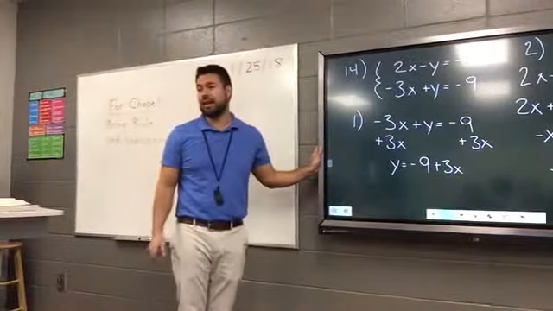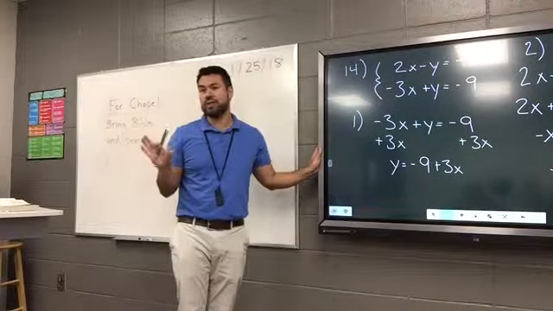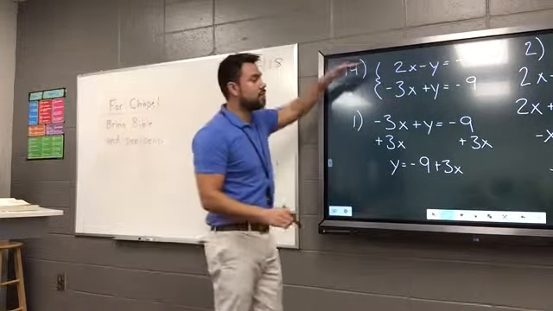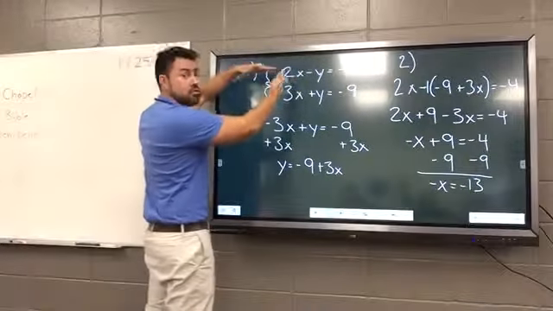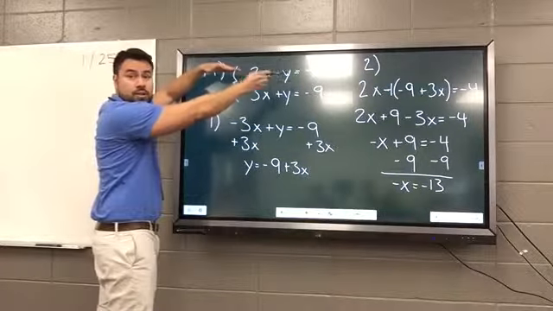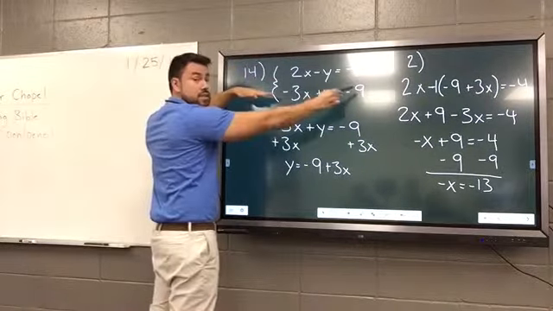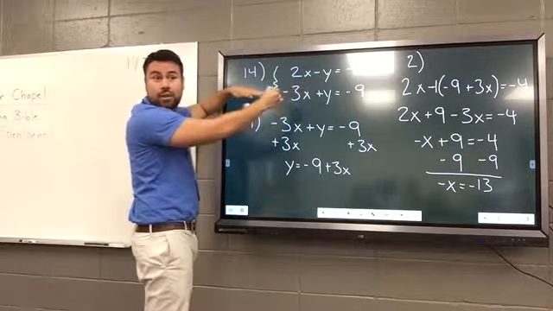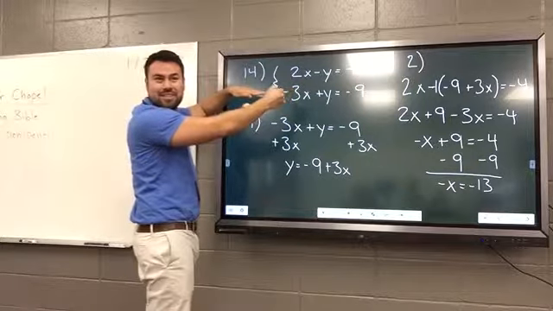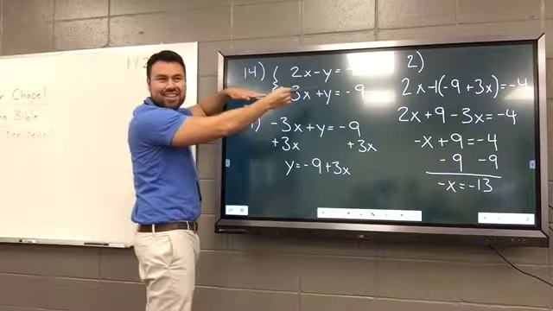Can we try this out? Can some of you put 13 into this first one? Who can do that for me? Yeah, good. You three? Can some of you put 13 into this one? Got one. Anyone else? Don't be shy.